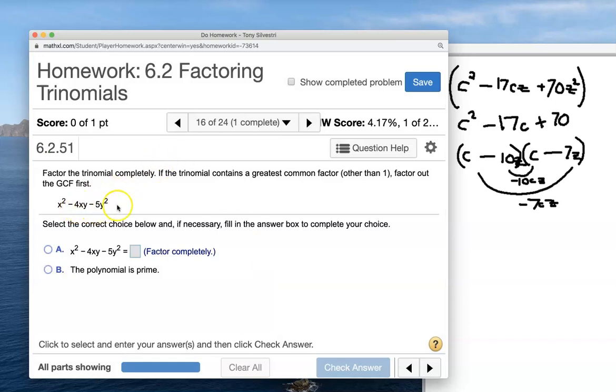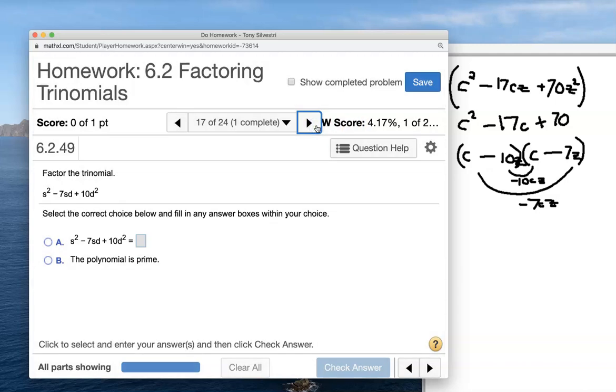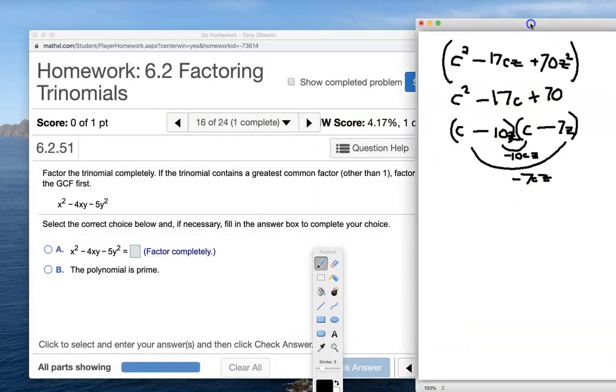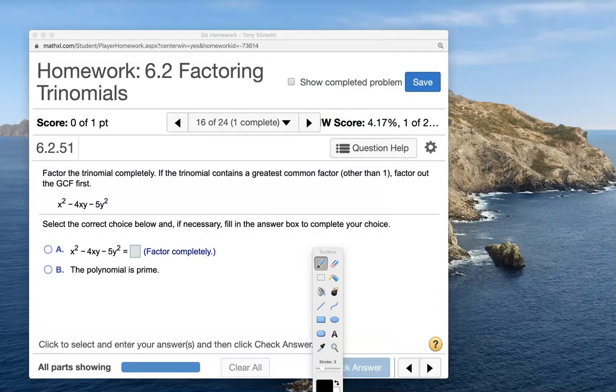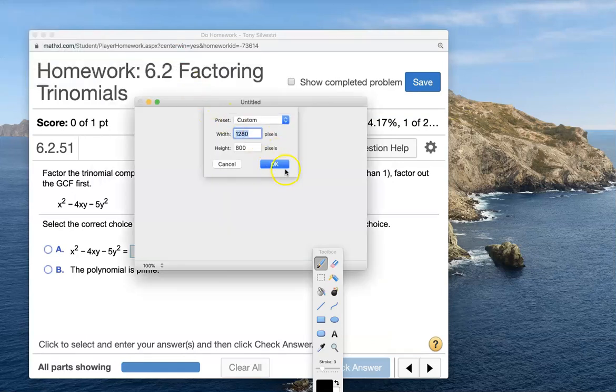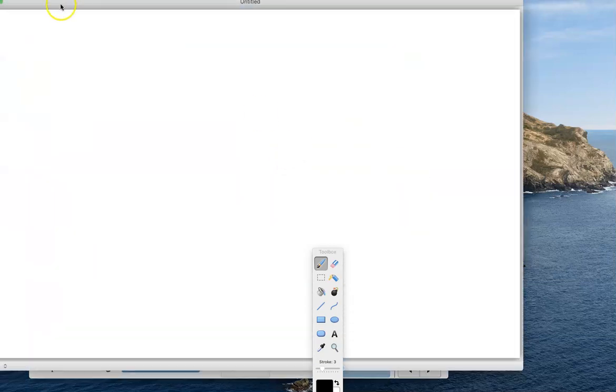Okay, that looks like another two variable problem. I'm going to do two of the three. I think there's two variable problems. So I'm going to close this out. Don't save that. Start off with a new sheet of paper. Some virtual paper here. File, new. Go for it. There you go.